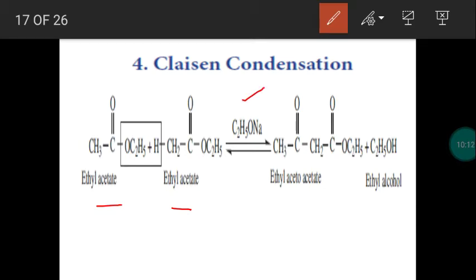So this self-condensation will lead to the formation of ethyl acetoacetate. So this is called beta keto ester. Common name beta keto ester, which is obtained from esters by Claisen condensation. So there is a liberation of ethyl alcohol also.